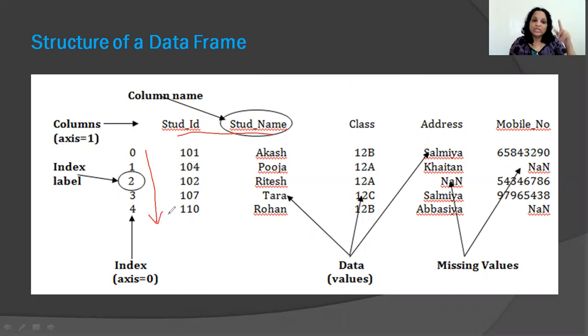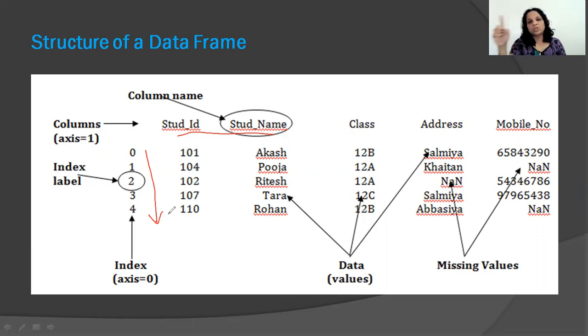Okay, now these are rows, right? 0th row, first row, second row. These rows are called index. They're on axis 0 and they are called index. And this 0, 1, 2, 3, they're called index labels. Now, these are the default index labels, okay? You could be giving them named index labels also.